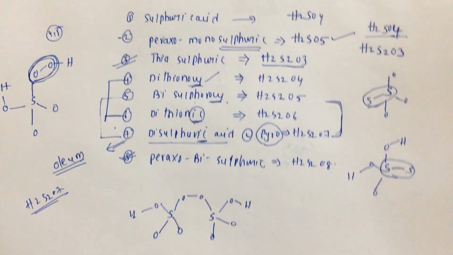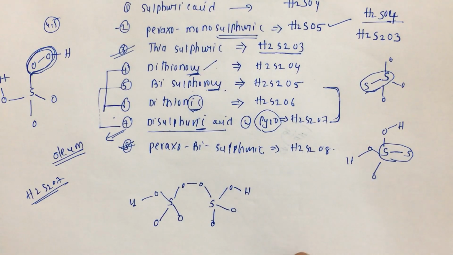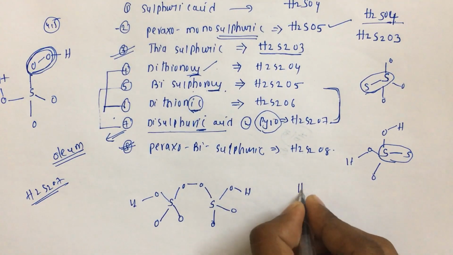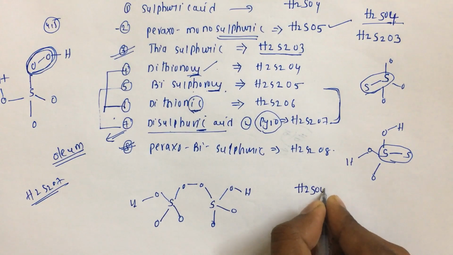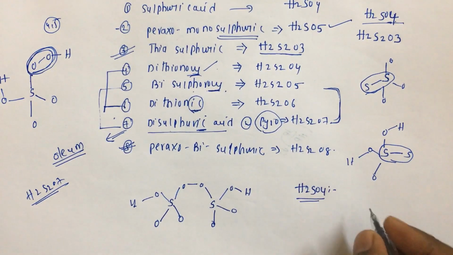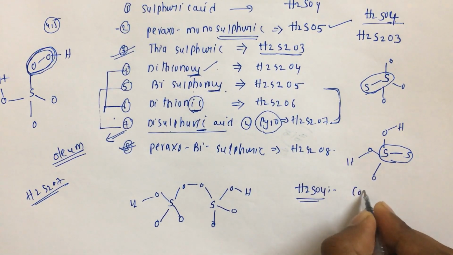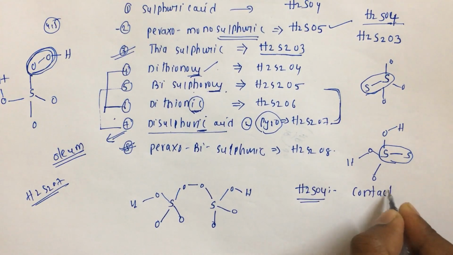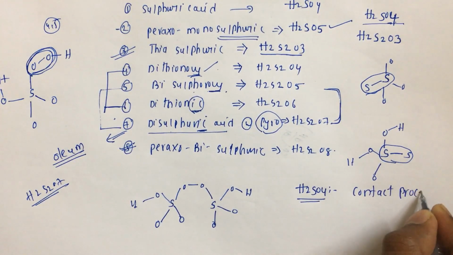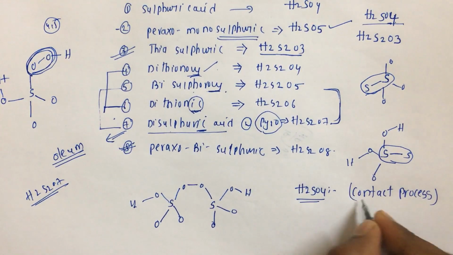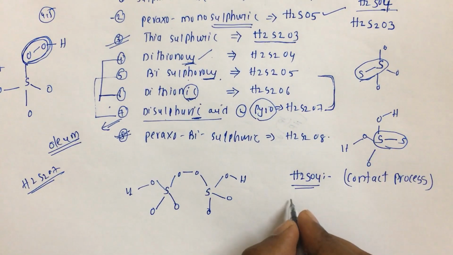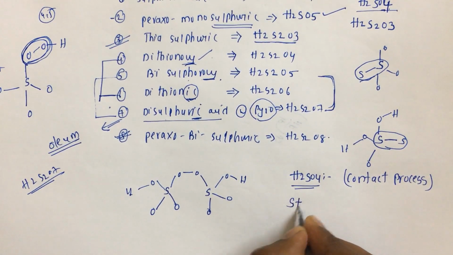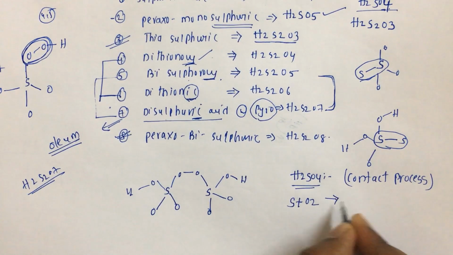And then we have H2SO4 synthesis, also very important. So one process is there, that is the contact process. In that process we can synthesize H2SO4. So to synthesize H2SO4, the first step will be treatment of sulfur with oxygen. It forms SO2.